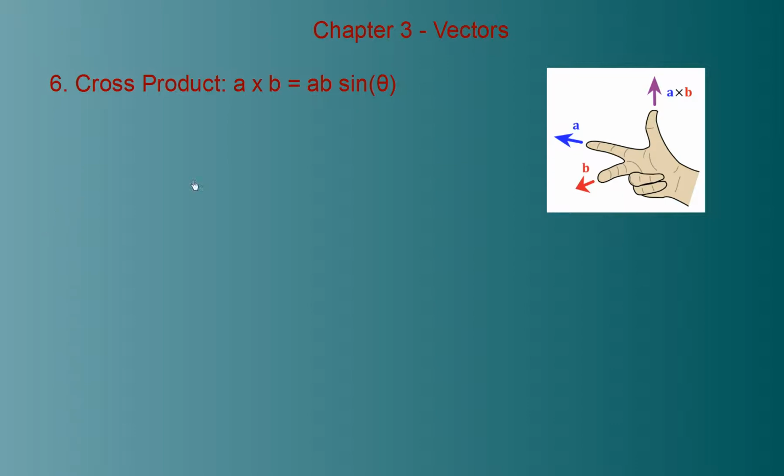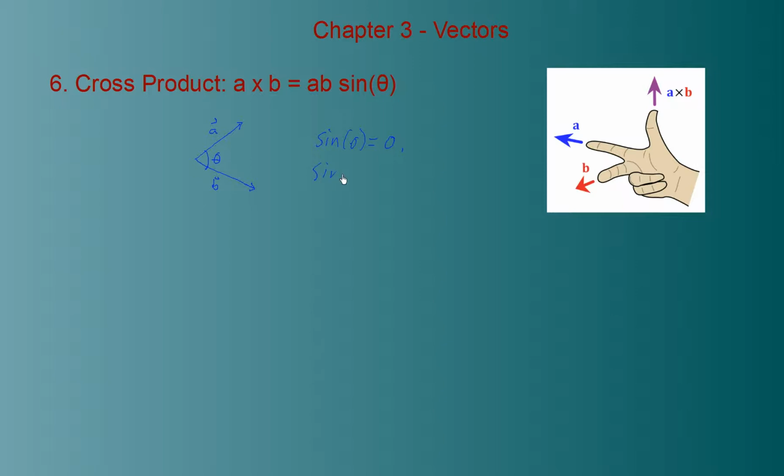And so if you have A like this and B like this, and there's an angle between them, you just do the length of this times the length of this times the sine of the angle between them. And as you know, sine of 0 equals 0. So if the angle between them is 0, in other words, if they're parallel, the cross product is 0.